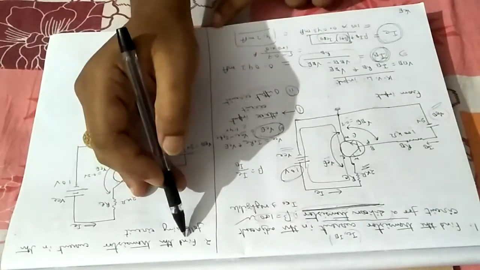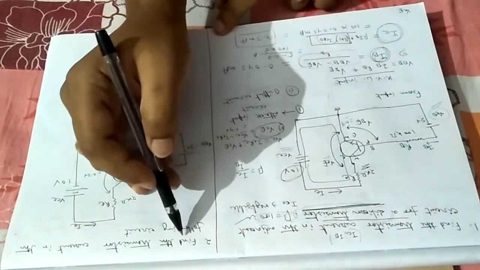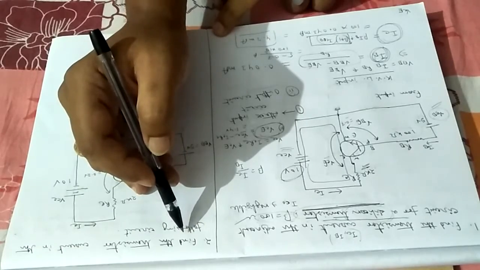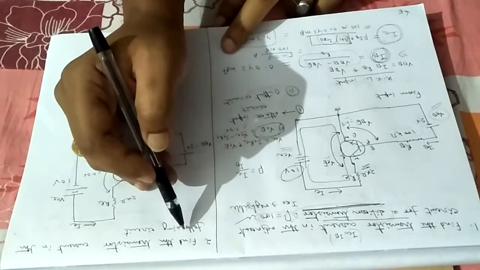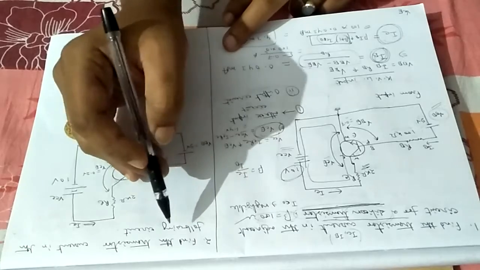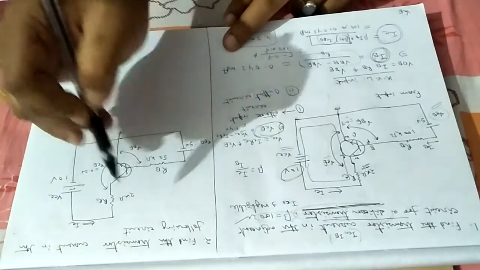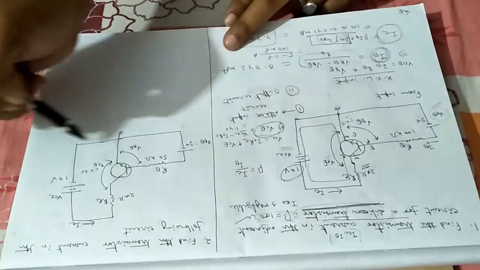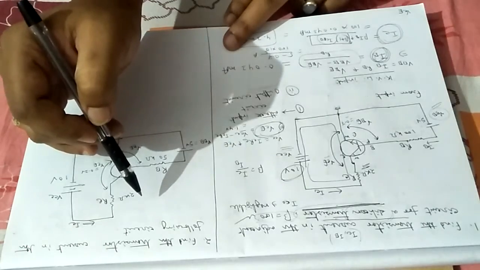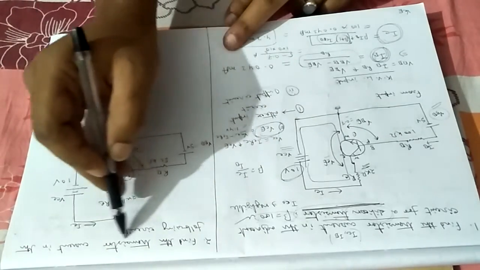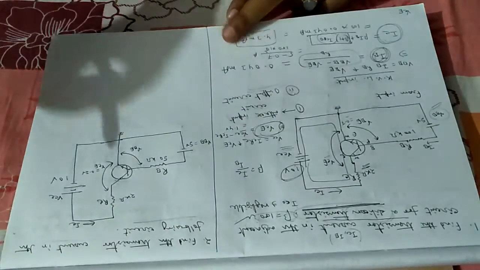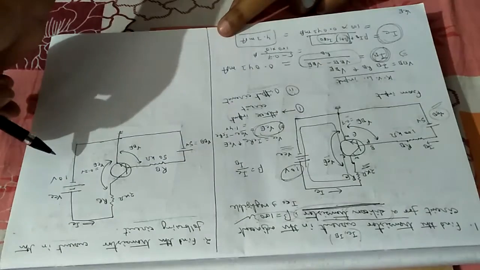The next problem I am reading for you. The next problem is also very simple. The next problem tells you about the transistor again, and here the circuit diagram is given, and it is told that you have to find the transistor current in the following circuit. What is the difference between these two circuits?